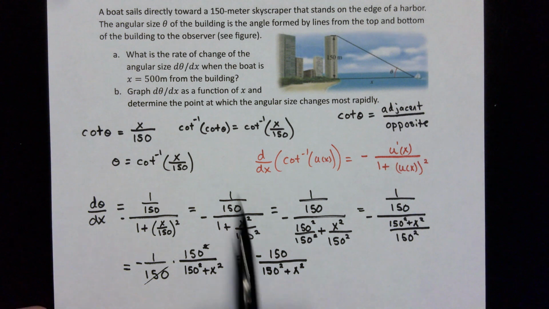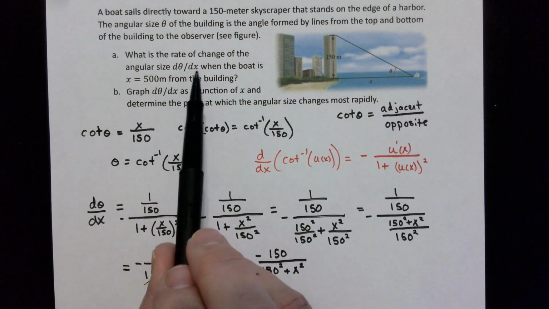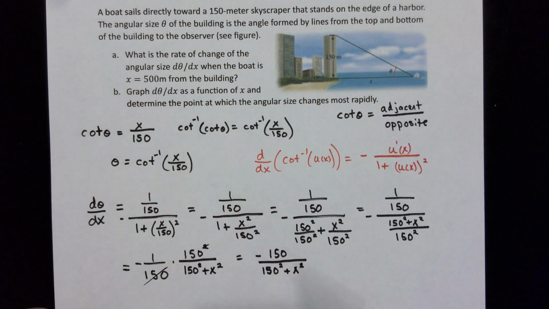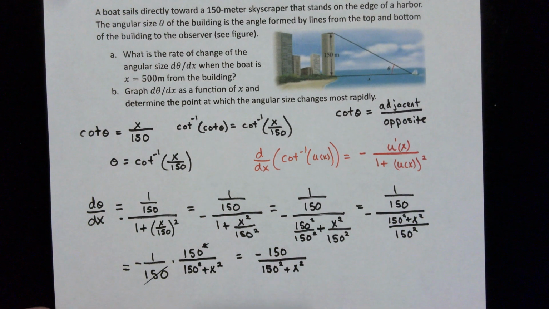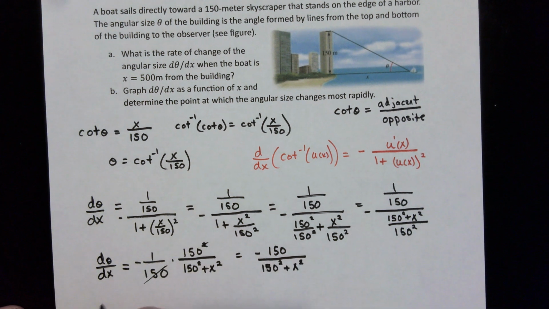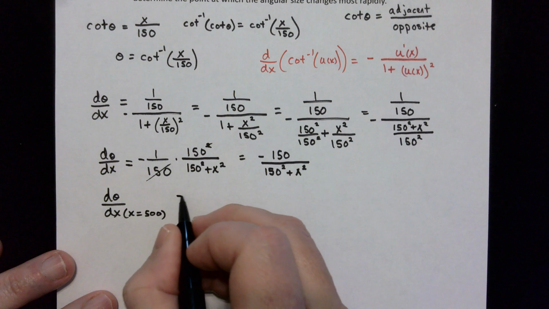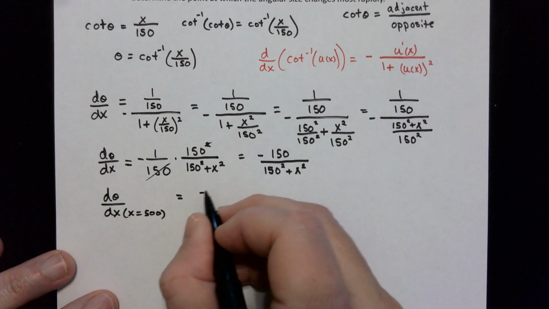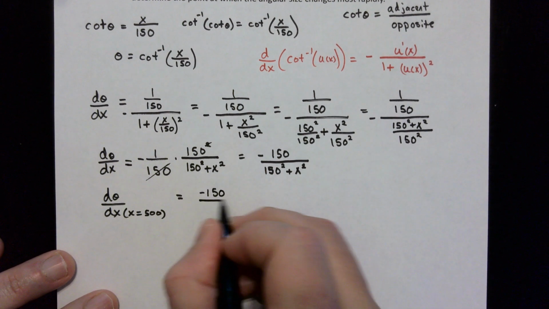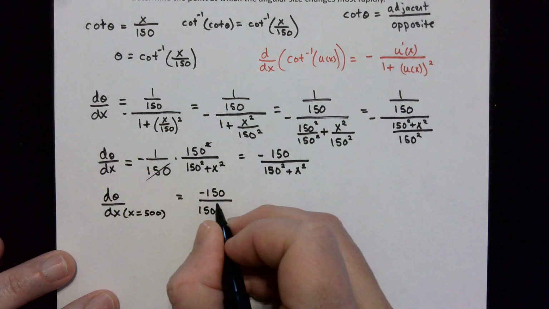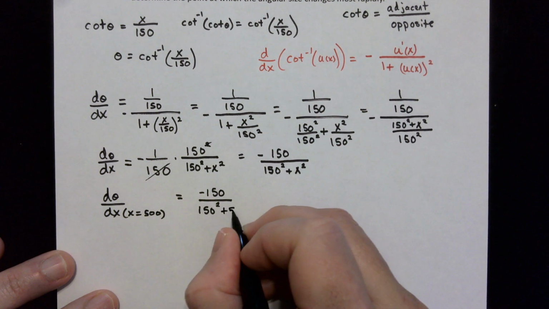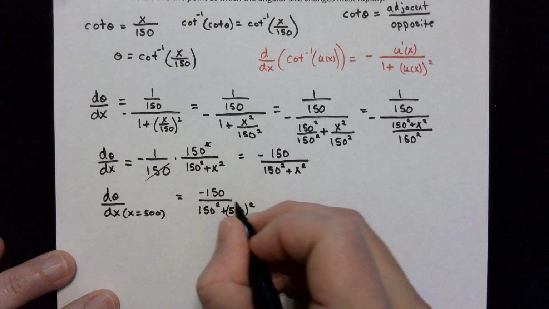Now what it asks us to do is find the derivative when the boat is at x equals 500 meters. So I'm going to plug in 500 to this. This was d theta over dx. So d theta over dx at x equals 500 is going to be equal to negative 150 over 150 squared plus 500 squared.